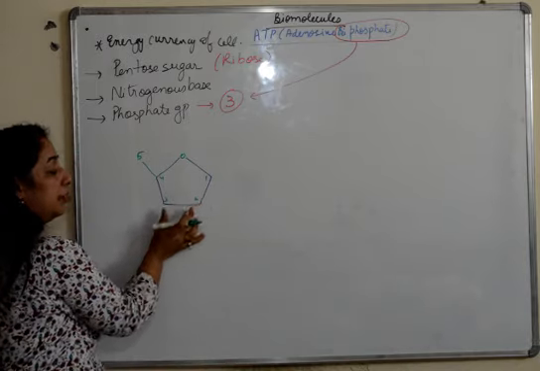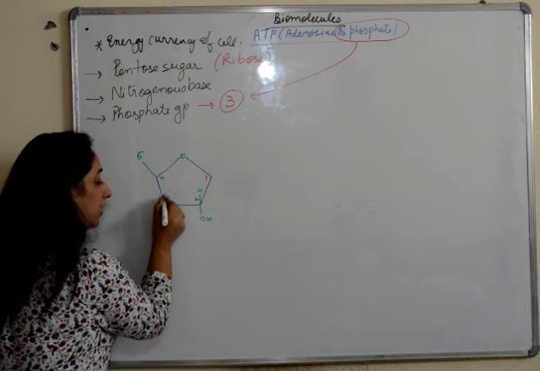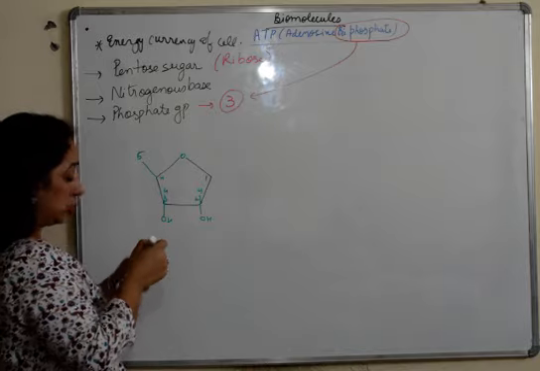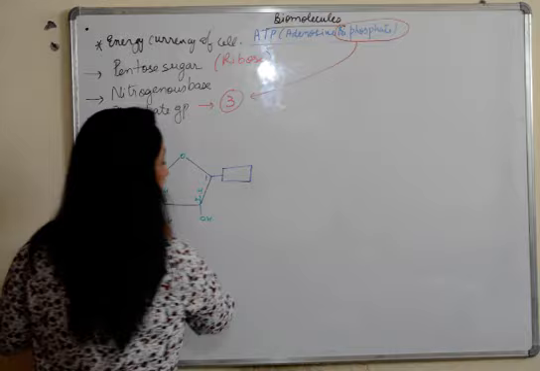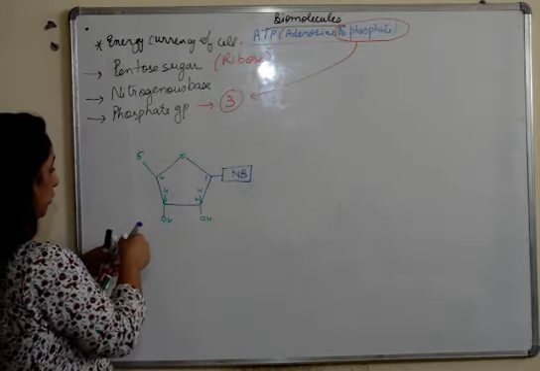Now at 2 carbon H and OH, at 3 carbon H and OH. Where is the phosphate group? Nitrogenous base also is there, so we will make our nitrogenous base. Fine, I'll write NB here. It can be any adenine, guanine and all.